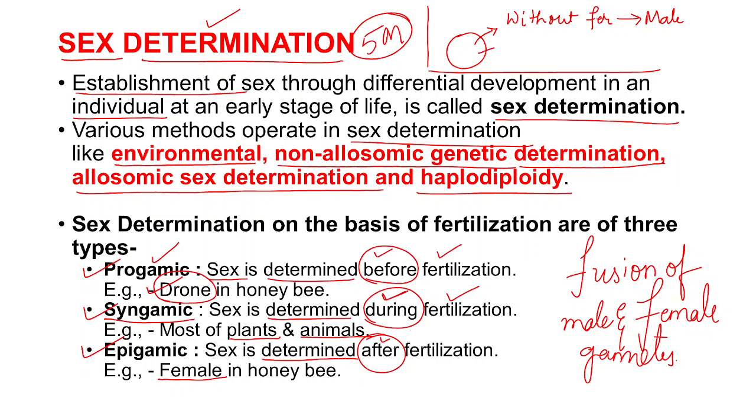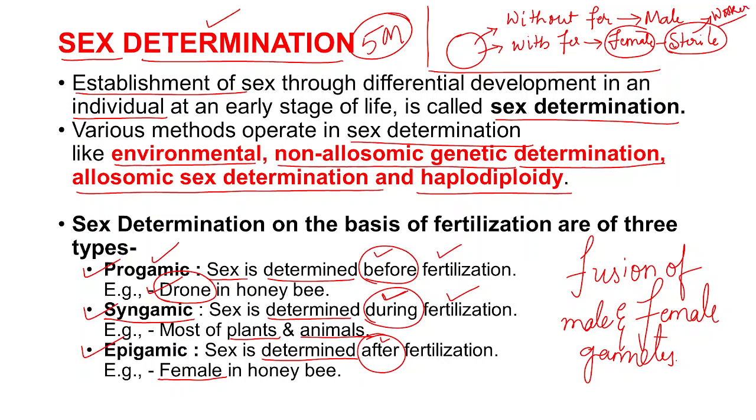If the egg develops with fertilization, it will develop into female, but that female will be sterile in nature. That is why we call the sterile females workers.